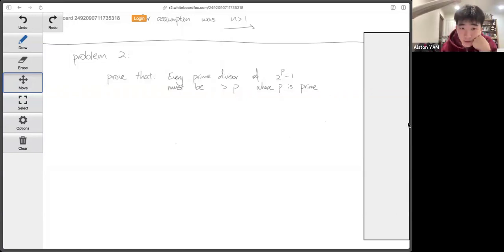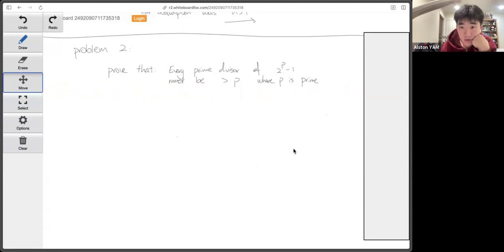Okay, hello. So we're back and we'll go over the solution to this problem. When you look at this problem, where do we actually start? It might be a little weird, because we have every prime divisor of this number, which is something we don't really see every day: 2 to the power of a prime, minus one, and you want to look at the prime divisors of that.